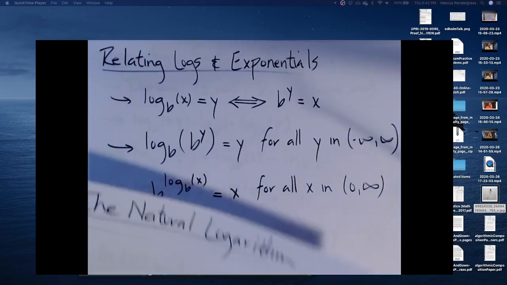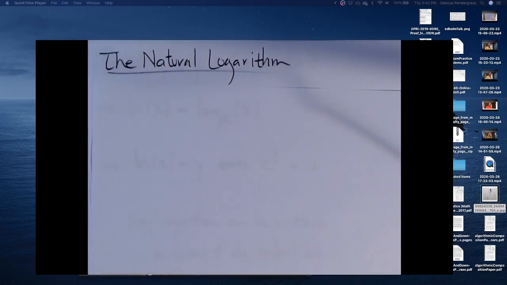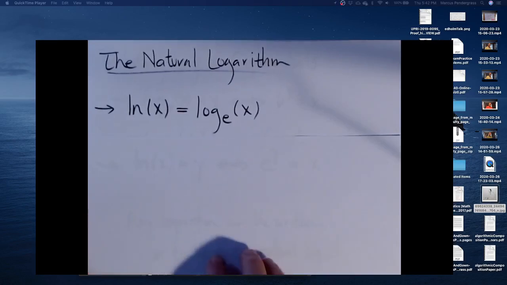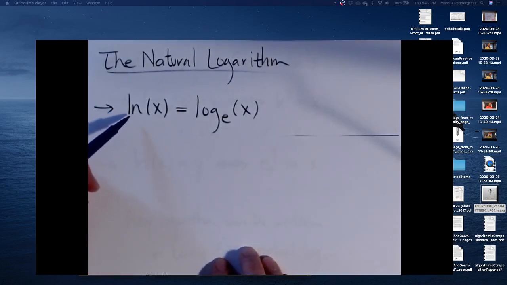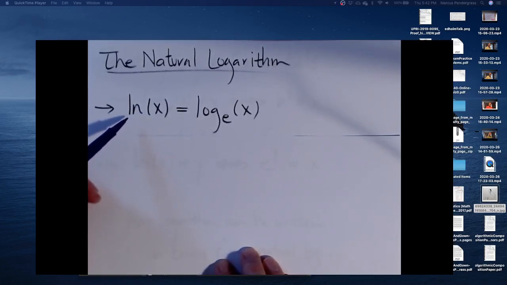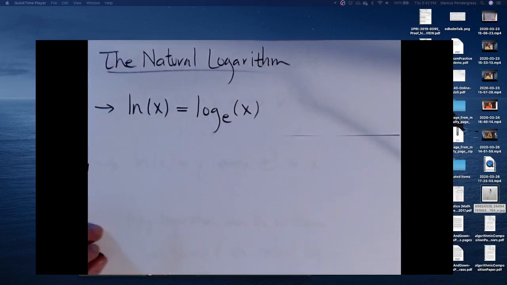Recall we had that special base for the exponentials, the number e, 2.71828, the base of the natural exponential system. The corresponding log is called the natural logarithm, and it has a special notation. ln of x stands for the natural log of x. It's just the same as log base e of x.